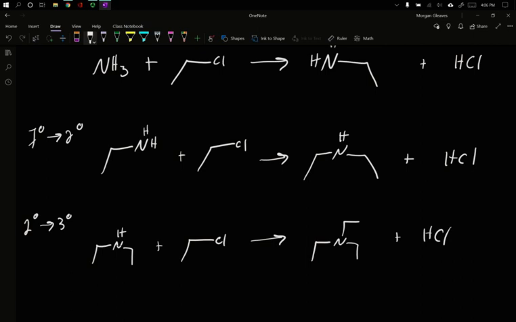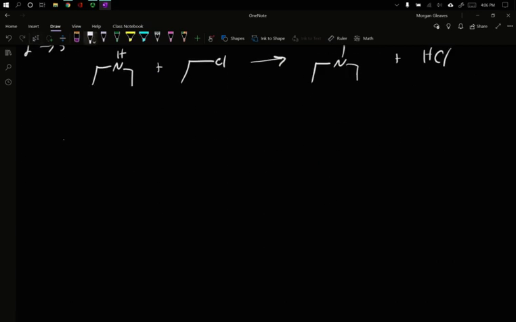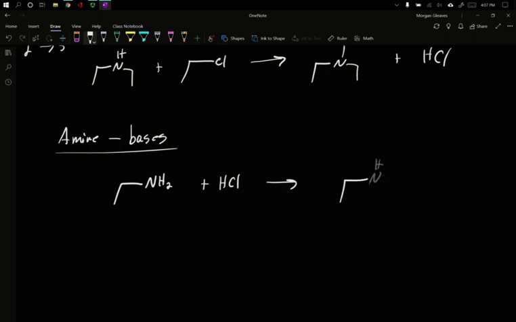And in fact, because each step is reasonably stepwise, you can mix and match the alkyl groups. The reason they're reasonably stepwise is that amines are bases. If I have ethanamine and it sees HCl, it picks up that extra proton, becomes positively charged, has that chlorine for a negative charge, and becomes an ammonium chloride salt.